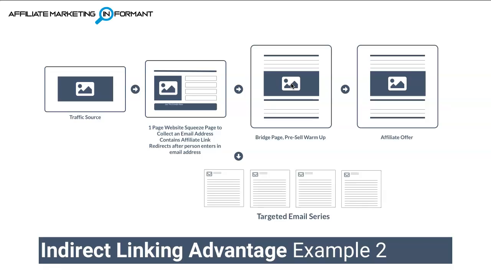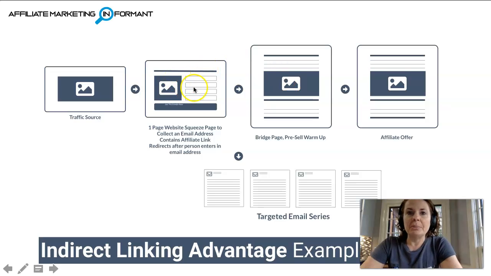Instead of saying, hey, I'm going to take your email address and now push you to buy something, the bridge page lets you say, thanks so much for signing up, I appreciate you. By the way, I know you have this problem and this product is going to solve it. So you can use this to pre-sell your audience before you send them to the affiliate offer.